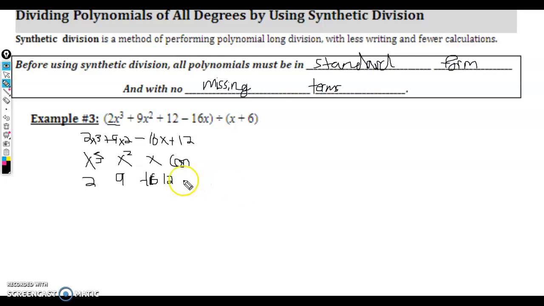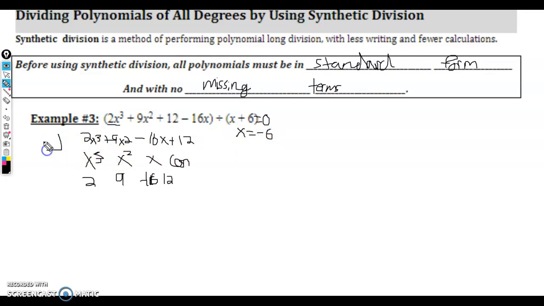Once we have those, I see that I have a coefficient for every one of those terms. Then I want to find my magical number by setting my denominator equal to 0. So that means that when I solve for x, my x equals negative 6.